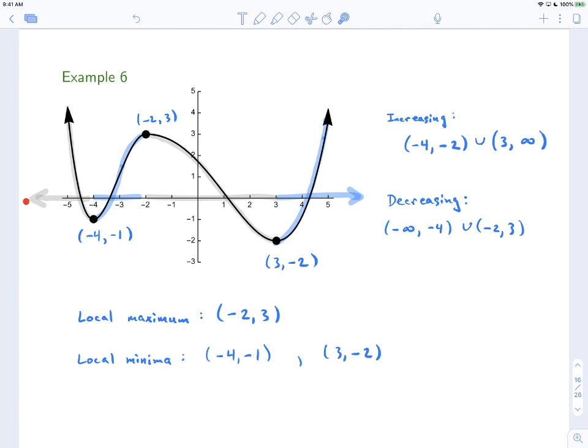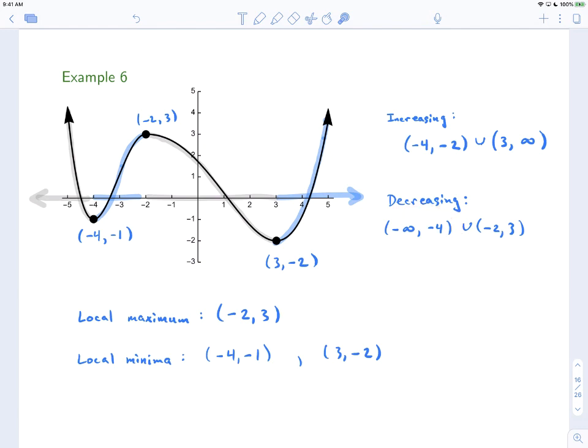So as x goes from left to right on this interval, the y values are decreasing. So we're starting out here at -infinity, or some really large negative number, and we're moving to the right. And as we move to the right, the y values decrease. So the function is decreasing on this interval from -infinity to -4.